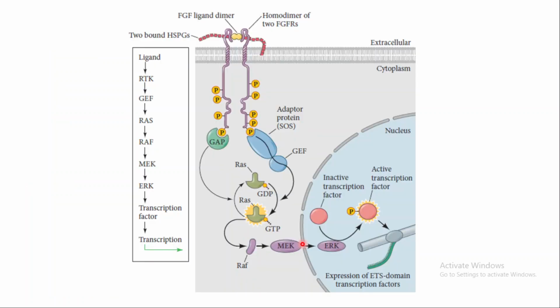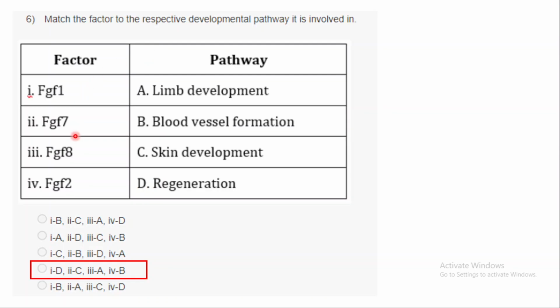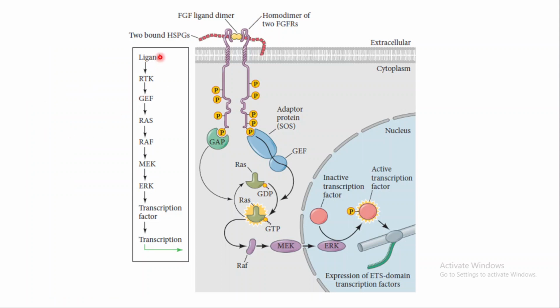So let's have a brief look at the FGF pathway. FGF stands for fibroblast growth factor, and this is how the pathway is mediated. The ligand of FGF can be of these different types: FGF1, 7, 8, 2. So there are different ligands, and it signals through receptor tyrosine kinases.